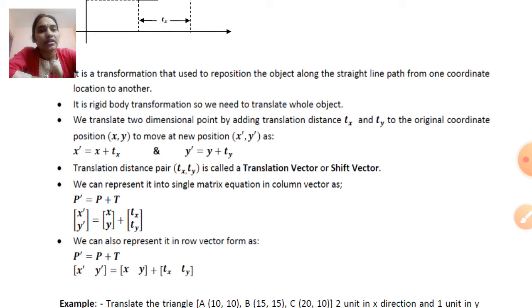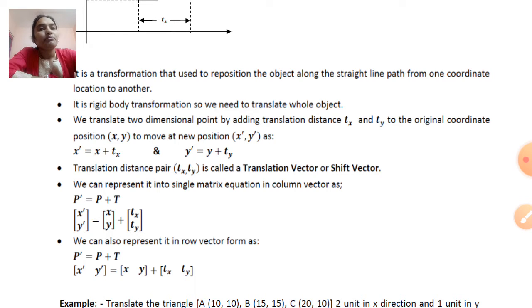In the column matrix, P dash, that means destination position, is x dash and y dash, and original position is xy, and T is your distance, that means distance tx and ty.